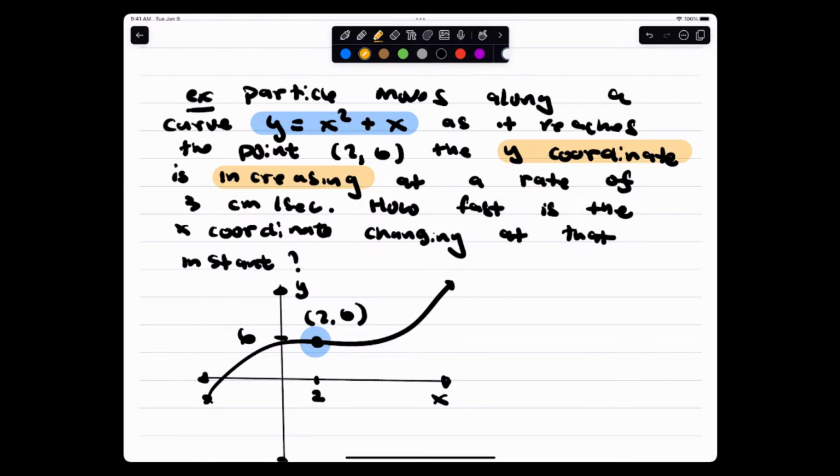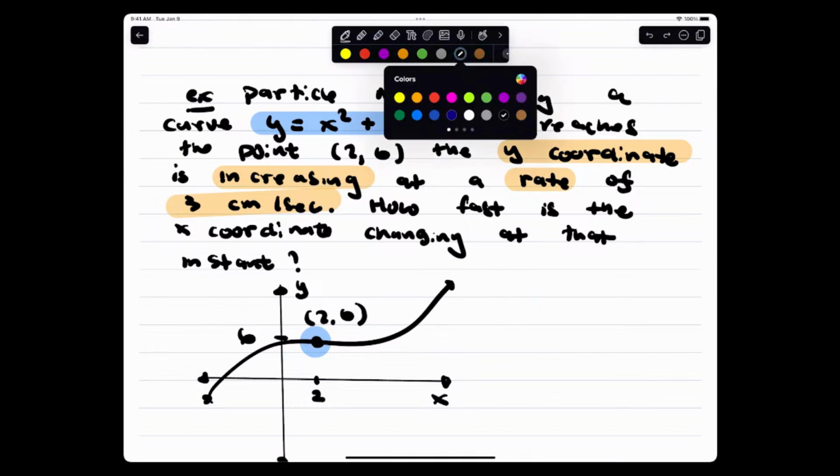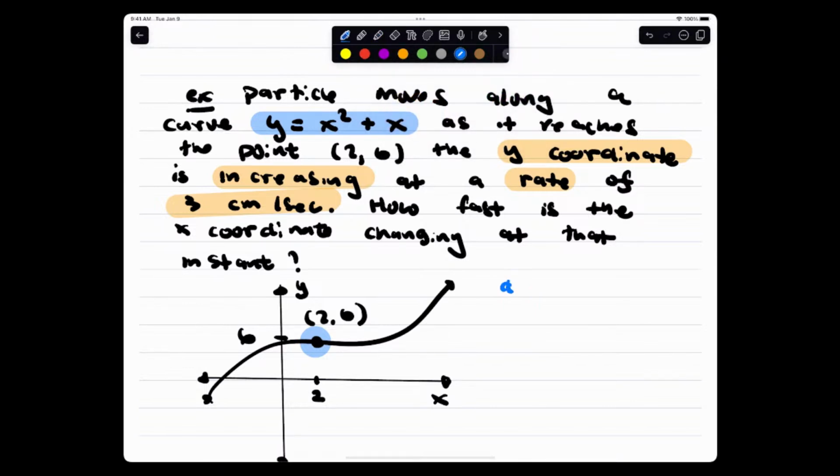The y-coordinate is increasing at a rate of 3 centimeters. What does that mean, ladies and gentlemen? Yep. And I want to say something, too, about that. That's going to be our dy/dt is a positive 3, and it's centimeters per second. Okay? Because they can even say decreasing, and that's going to be negative.